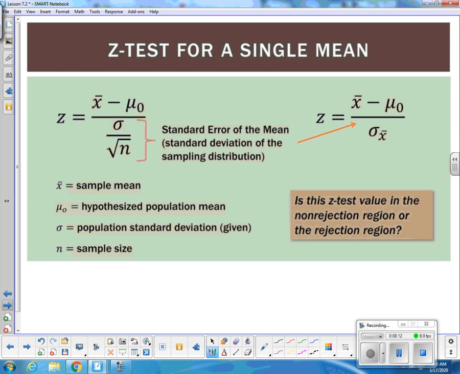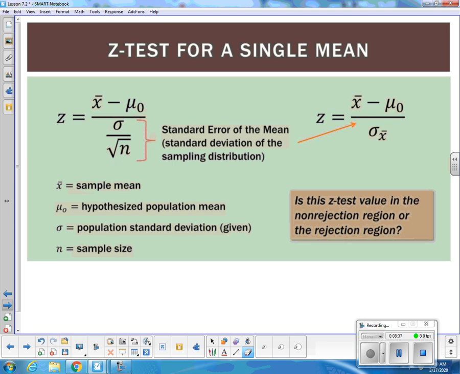So here is our z-test for the single mean. And you have this formula. Remember, the standard deviation for the sample mean is the same as this. Okay? So one formula kind of gives you the shortened version. The other one gives you the longer version.